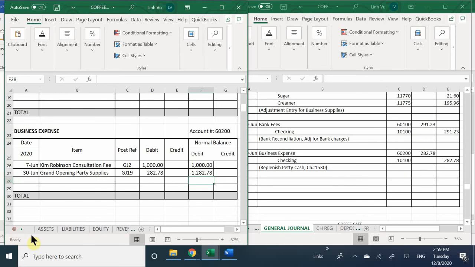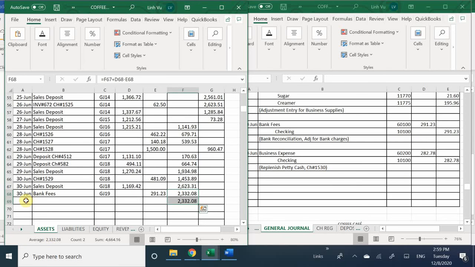And lastly, back to our checking again. Check number 1530. 282.78. Bringing our balance down to $2,049.30. Right.